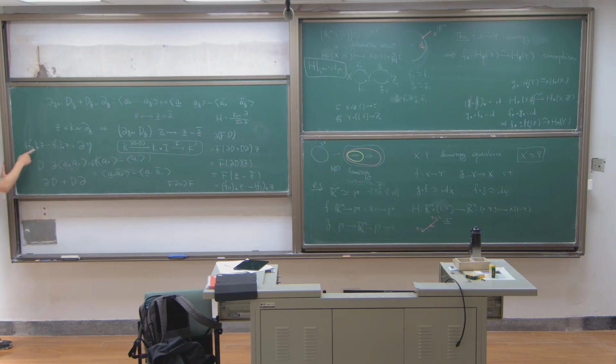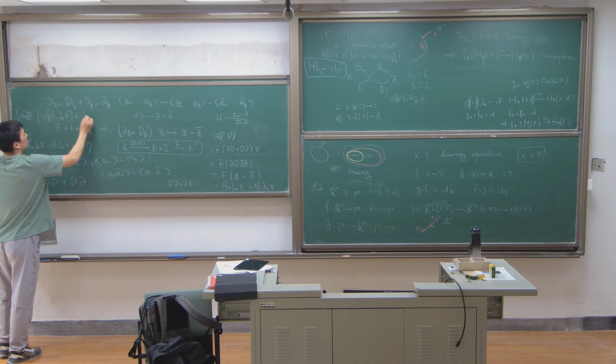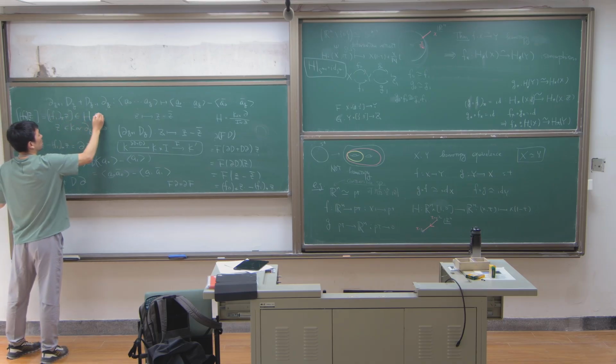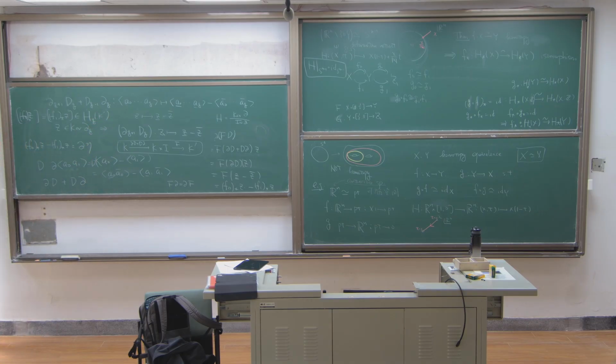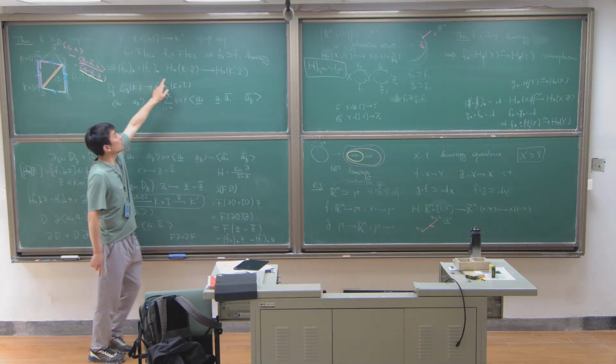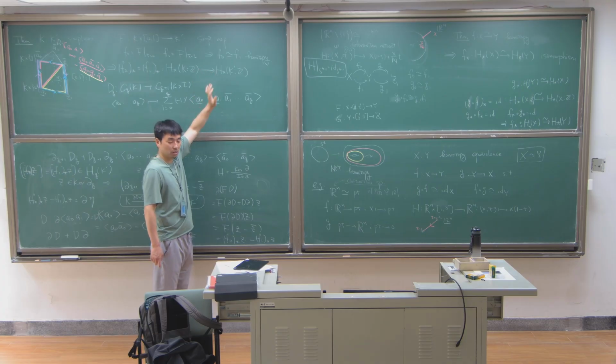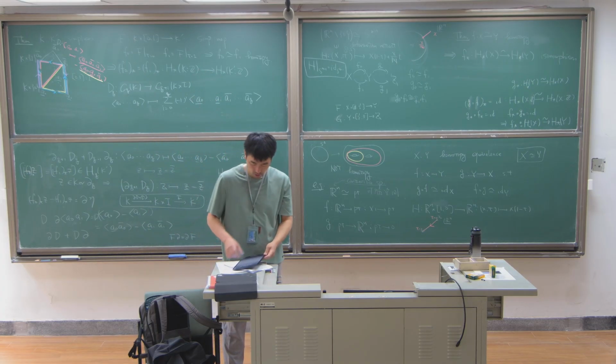So therefore, as a homology group, they are the same element. Okay. So therefore, f0 star and f1 star are mapped to the same homomorphism. So that's the consequence.